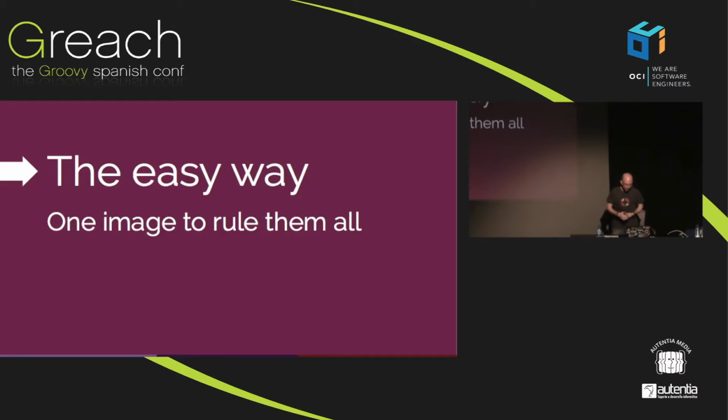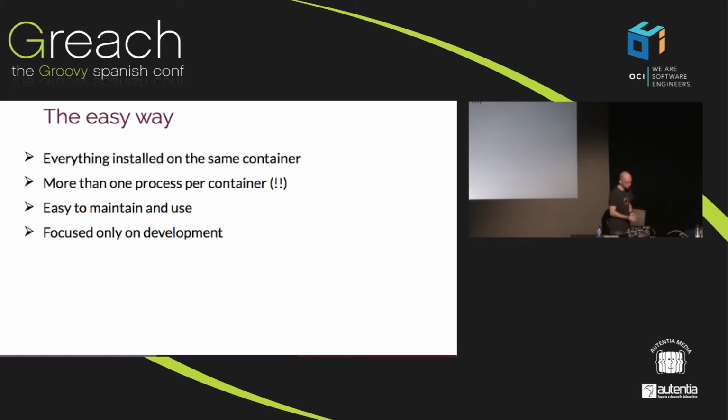So we have 2 different options. Well, maybe we have more, but I'm going to show you 2 different approaches. The first one is the easy way, which I call one image to rule them all. With this approach, everything, all the dependencies, all the application, is going to be run in the same container. And if you know a little bit about Docker, here I'm going to start more than one process in the same container, which is something like, whoa, you shouldn't be doing that.